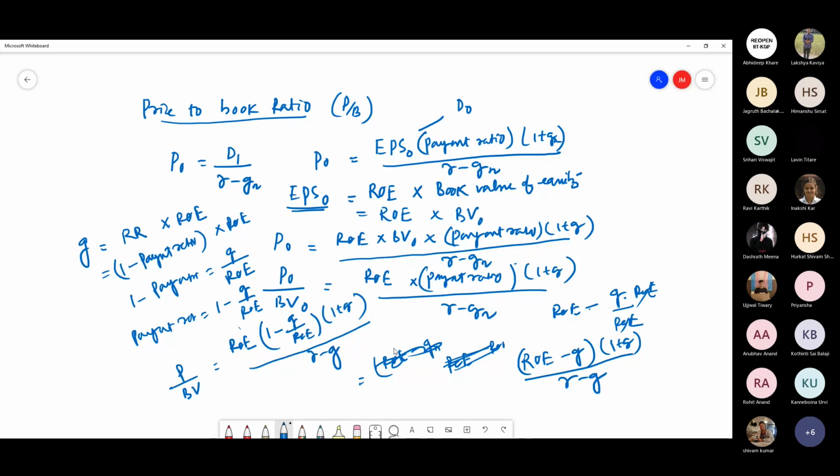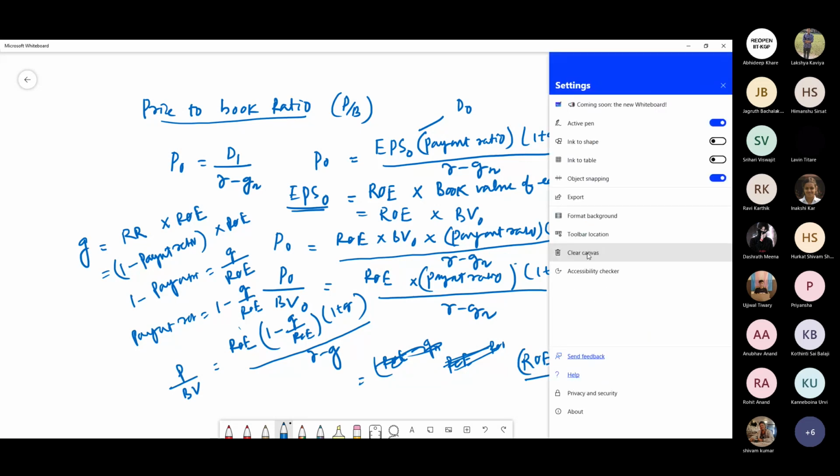So this is an advantage of using the price to book ratio, another popular measure we can use in our valuation techniques as a relative valuation technique.